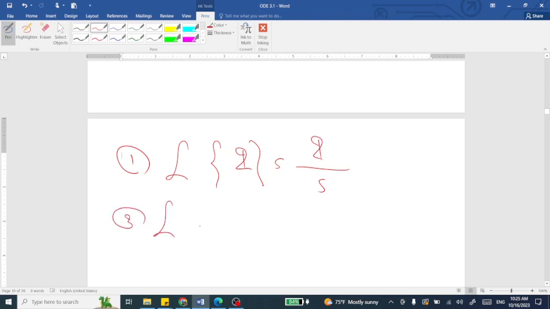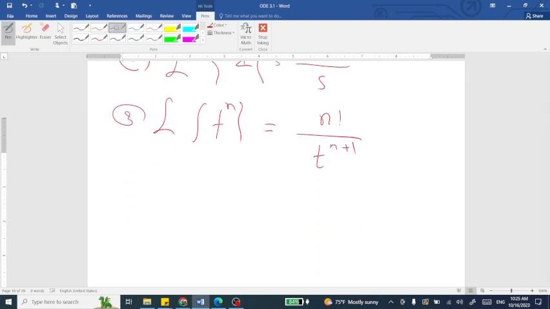Second one: if I have t^n, meaning t power 1, t power 2, t power 3, t power 4, it will be exactly n factorial over s^(n+1). What do I mean? I'll give you an example, the simplest one.